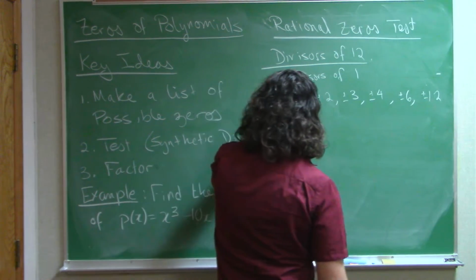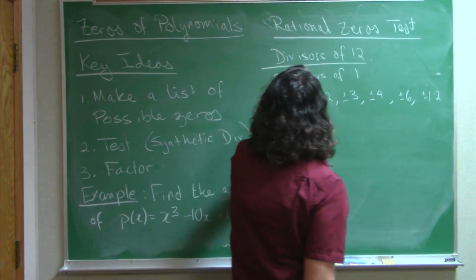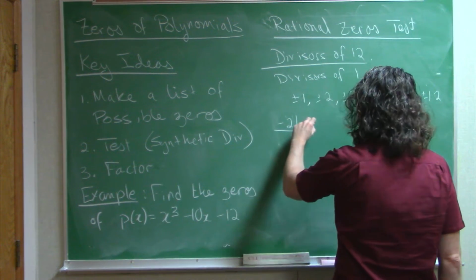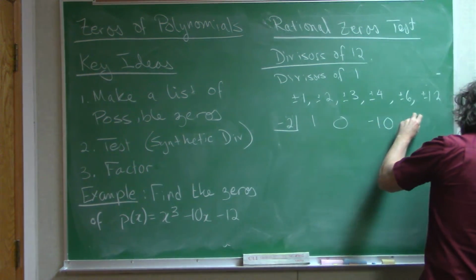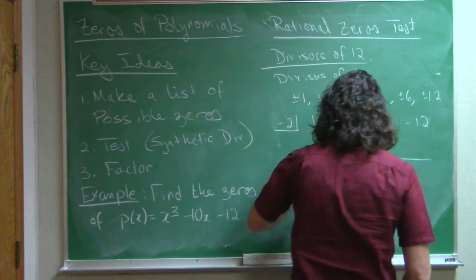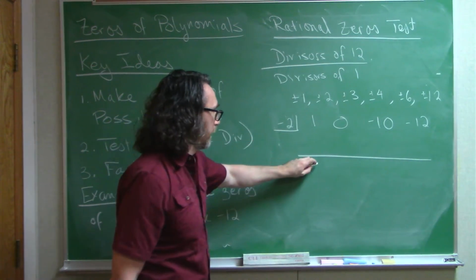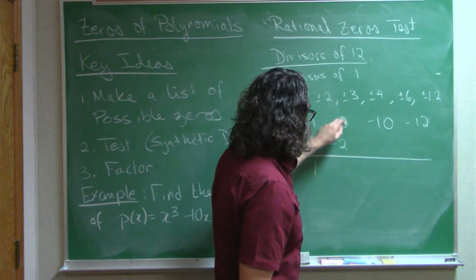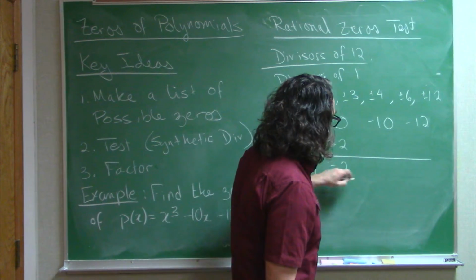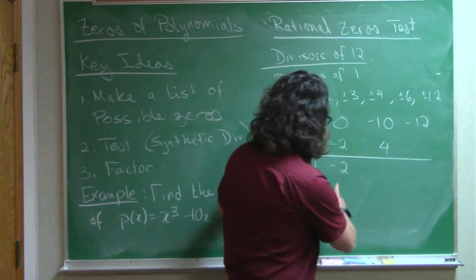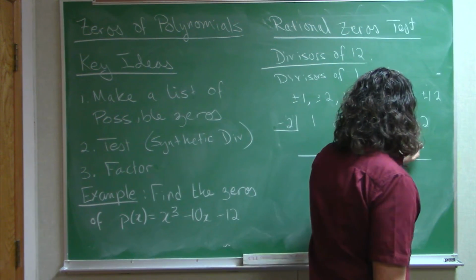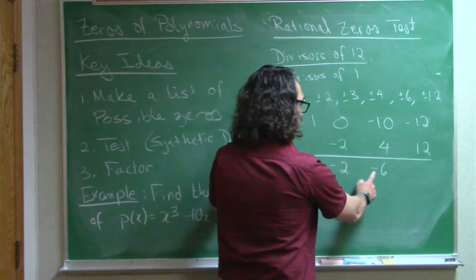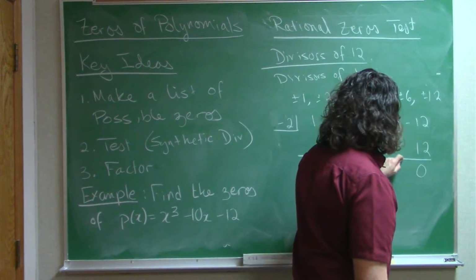Let's try -2. Okay, what are my coefficients? 1, 0, -10, -12. Drop down 1, multiply, -2, add, -2, multiply, 4, add, -6, multiply, +12, because the product of 2 negatives is positive, add, 0.